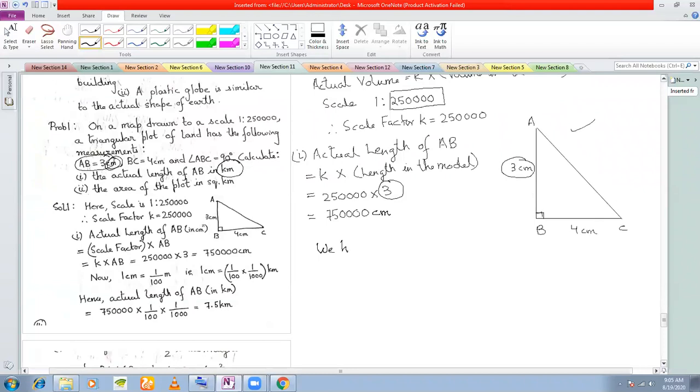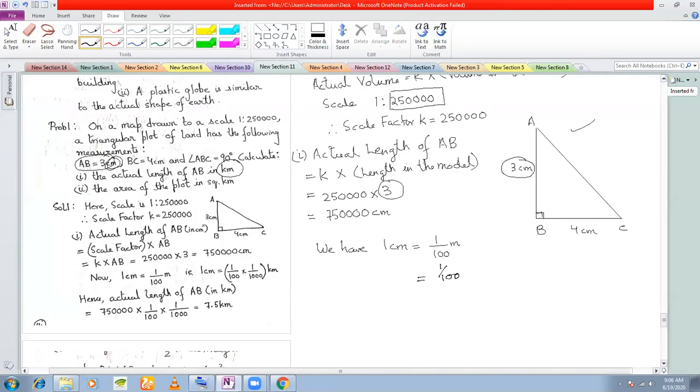So we have 1 centimeter is equal to 1 by 100 meter.